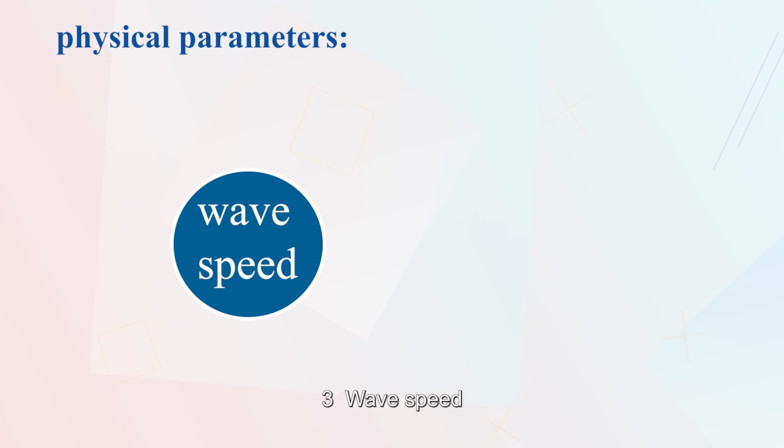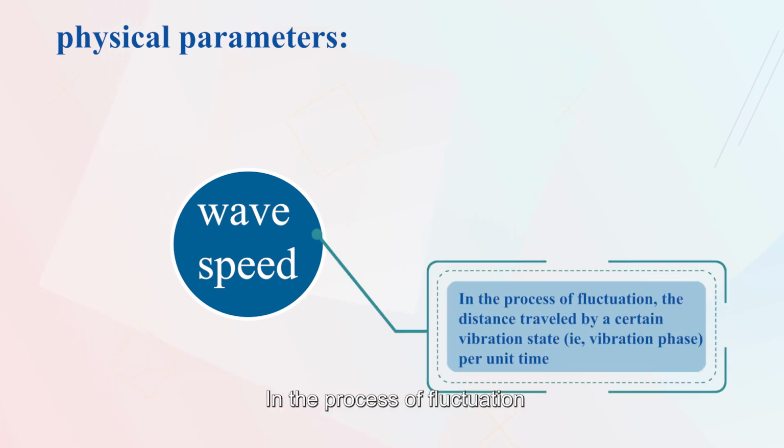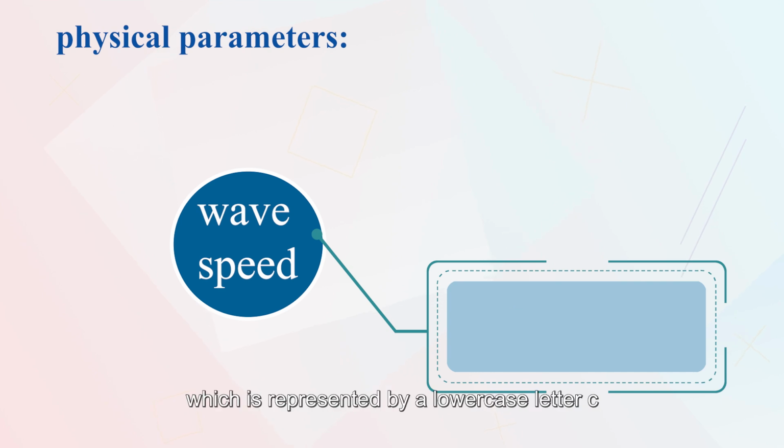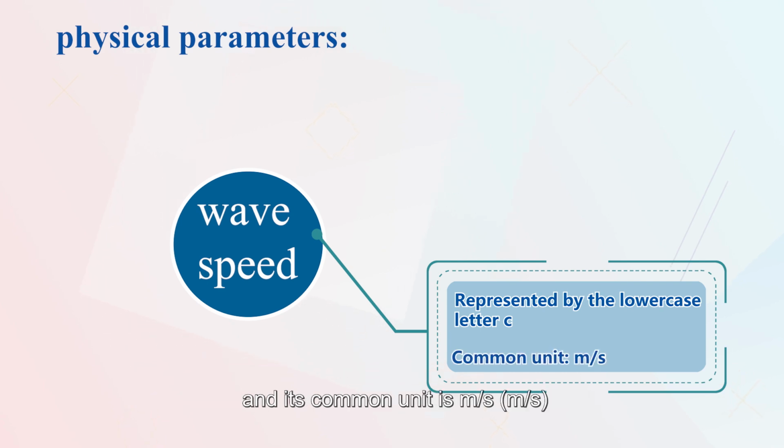3. Wave speed. In the process of fluctuation, the distance traveled by a certain vibration state, that is to say, vibration phase, per unit time is called wave speed, which is represented by a lowercase letter c, and its common unit is m/s.